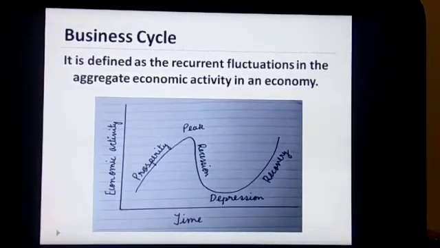Whenever we explain the business cycle, we explain it by its various phases. When we talk about the phases, there are three things that tell you about the phases: the income, the output, and the employment. Currently, in the current pandemic situation, income is very less for people. Output is what is called production.